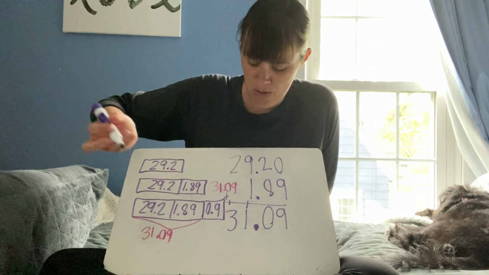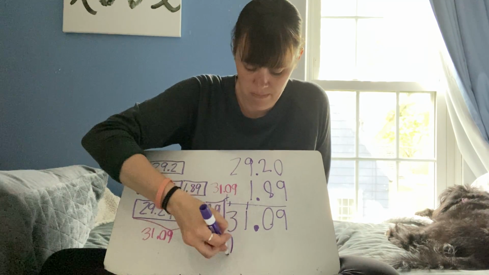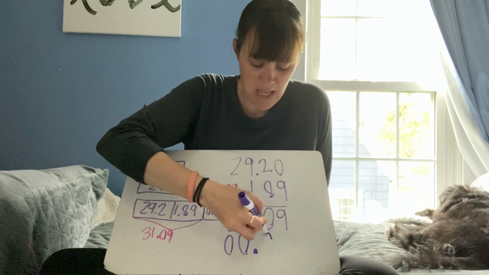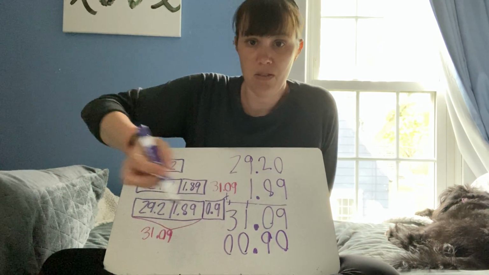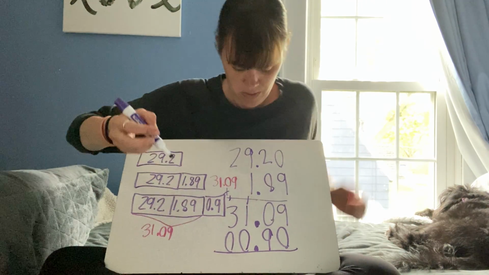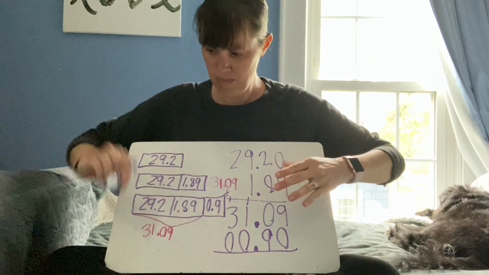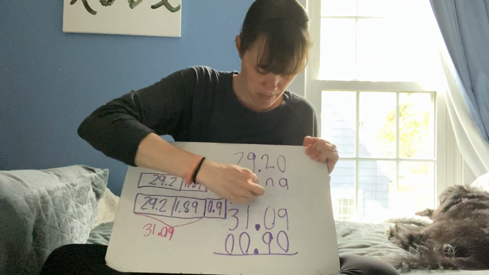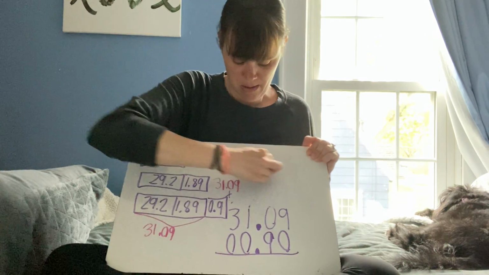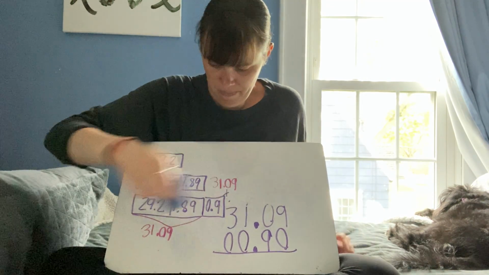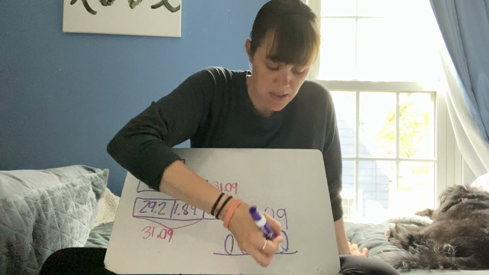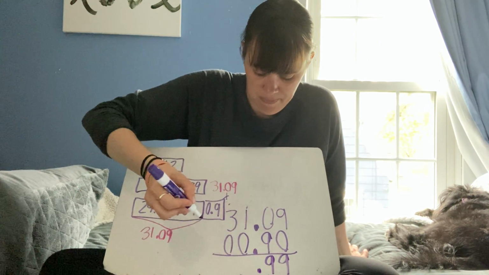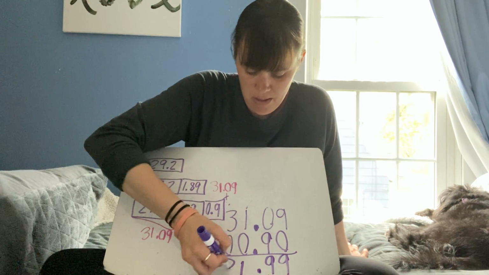So where does 9 go? We don't have any 10s. We don't have any 1s. We have 9/10. We don't have any 100s. So ignore this part now. Actually, I'll just erase it for you. And we can add 9 and 0 is 9. 9, ooh, 99. 1 and 3.